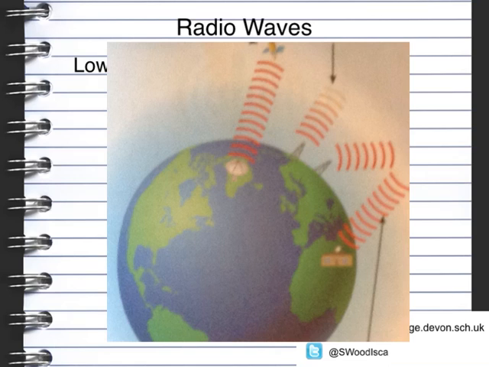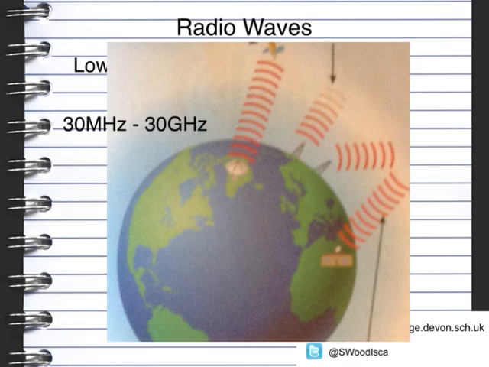Now, the geostationary satellites tend to receive high frequency, low wavelength communications from the Earth. The reason for this is because only waves between 30 megahertz and 30 gigahertz are able to pass through the Earth's atmosphere.